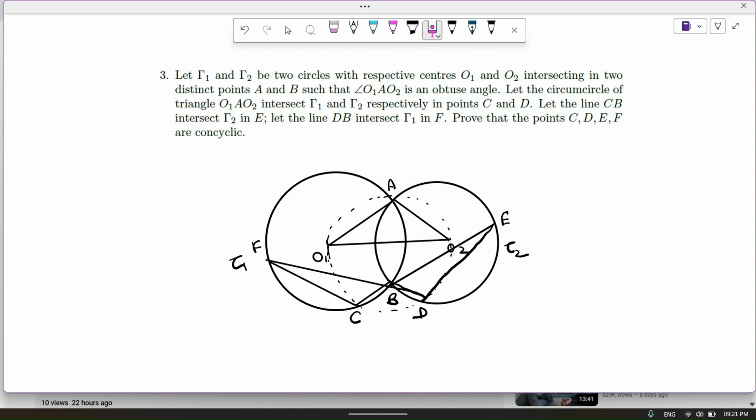Maybe this CE line is passing through O2. So this is your CE line. And maybe this BD line is passing through O1. So this is your BF line. Then I was able to reach some conclusion. So let's draw the diagram again and see what conclusion I reached.